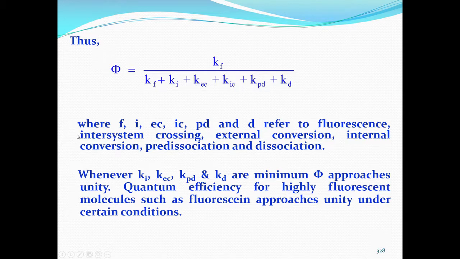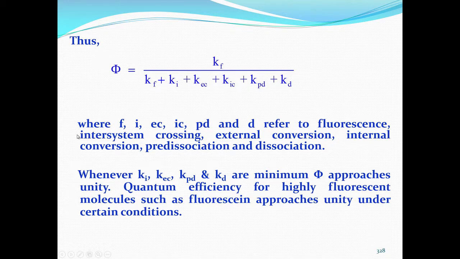What do these mean? f refers to fluorescence and i refers to intersystem crossing, ec is external conversion and ic is internal conversion, pd refers to pre-dissociation and kd refers to dissociation constant. All these terms are rate constants. So, it is the ratio of the constants of all these to the number of excited molecules.